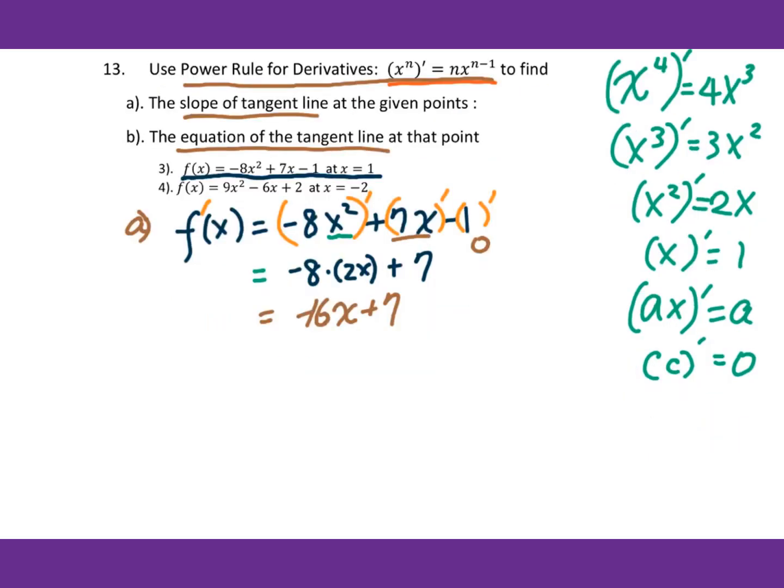When you talk about derivative, means slope of a tangent line. Therefore, slope of a tangent line at a given point, that is x equals 1, we need to plug in 1 into this derivative. You got negative 9.